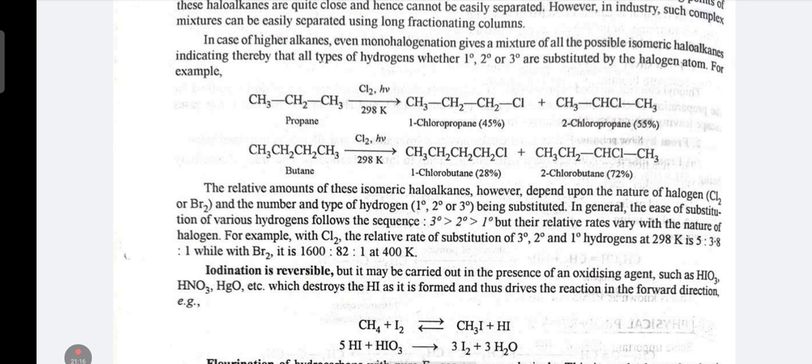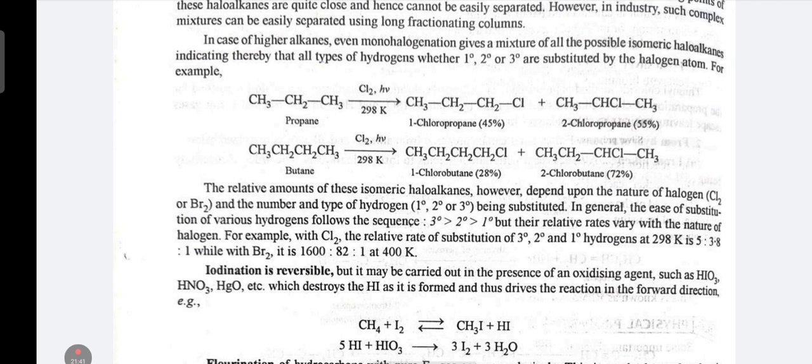For example, with chlorine, the relative rate of substitution of tertiary, secondary and primary hydrogens at 298 Kelvin is 5 : 3.8 : 1, while with bromine it is 1600 : 82 : 1 at 400 Kelvin.